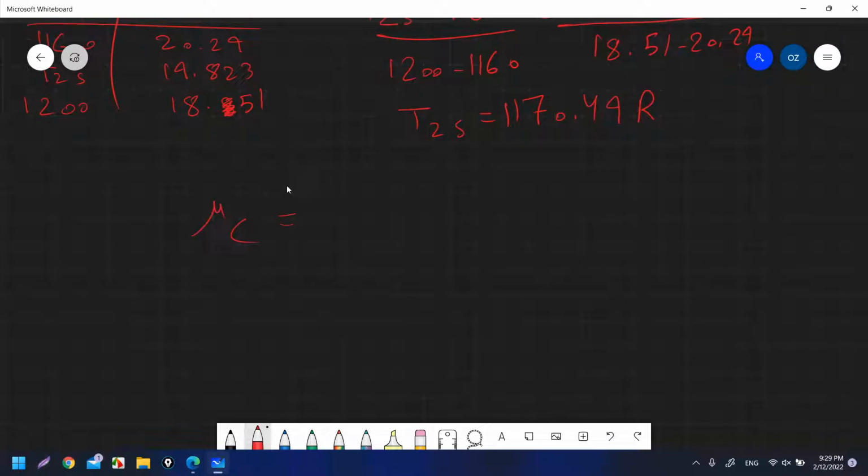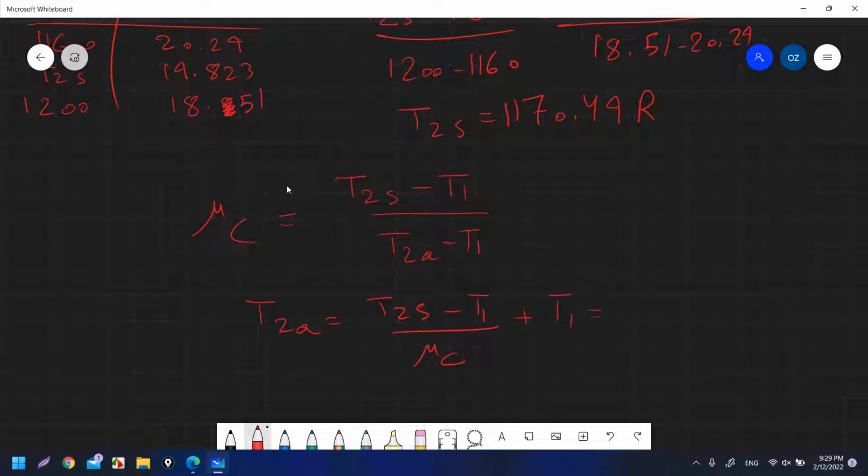I got T2S, so now using the isentropic compression efficiency, I can find T2A. The isentropic compression efficiency is equal to T2S minus T1 over T2A minus T1. If I want to find T2A, it will be equal to T2S minus T1 over the isentropic efficiency plus T1.